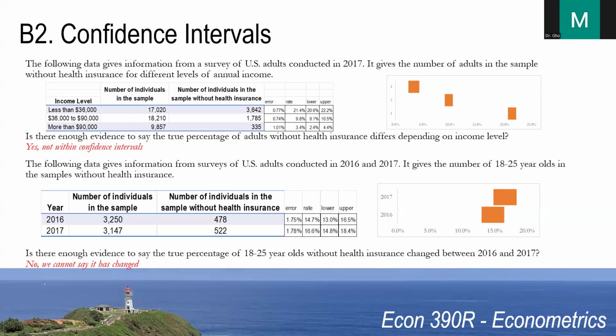Well, because of the sample size, when you calculate the upper and lower confidence intervals, we can't quite say that these two groups are different from each other. Okay, yes, maybe the rate's gone up from 14.7% to 16.6%, but statistically, they're not different from each other. And that's an application of confidence intervals.